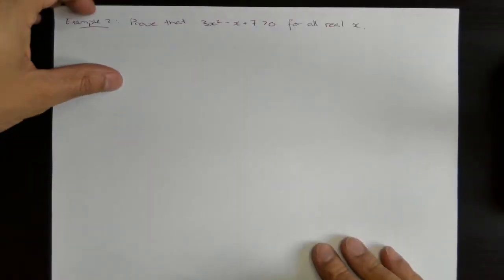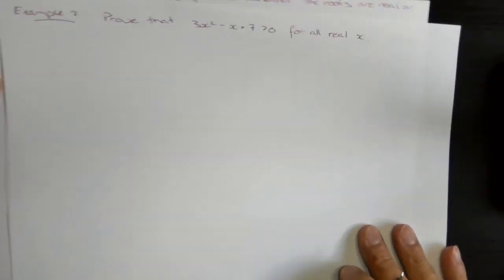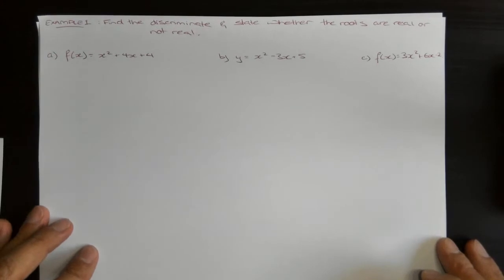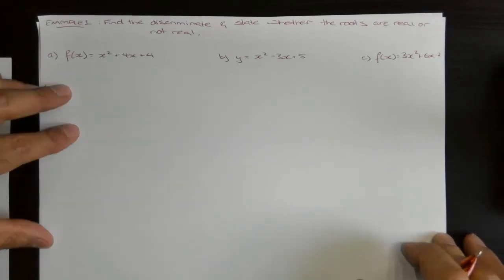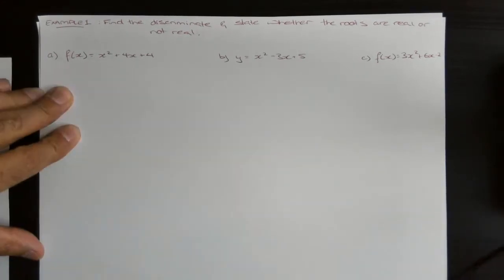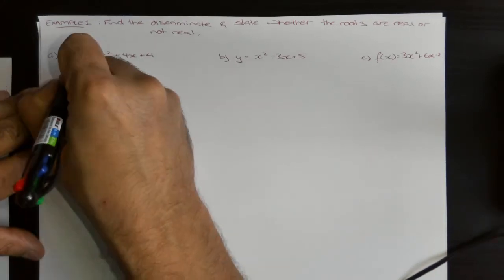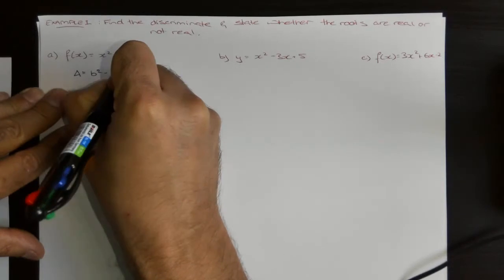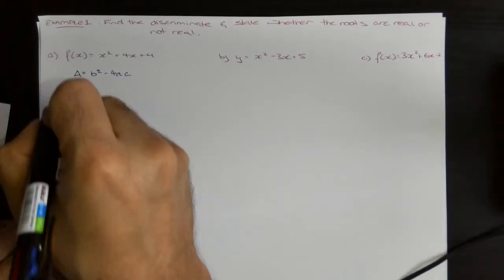Okay, we'll do example 1 first. We're going to find the discriminant and state whether the roots are real or not real. We've got this one first. We've got x squared plus 4x plus 4. If we use the discriminant formula, we've got b squared minus 4ac. Plug in what we know.